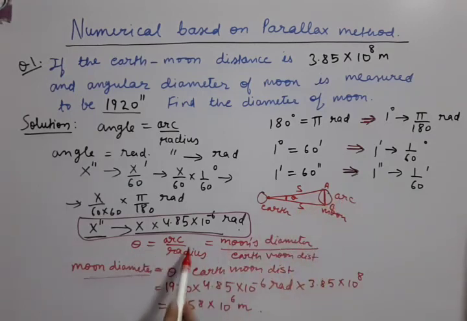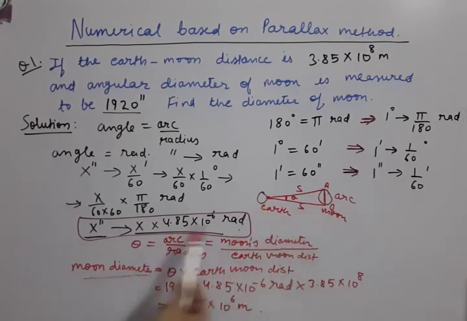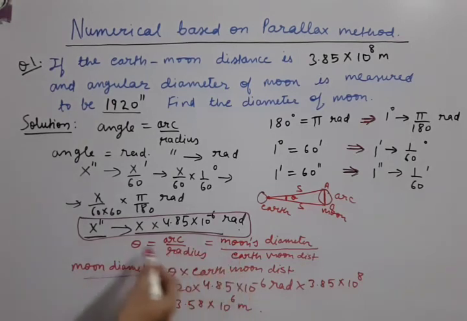So substituting in the theta formula, arc upon radius: arc is the moon's diameter, radius is the Earth moon distance, and whichever of these three terms is missing, maybe theta is missing in one question, so you need the other two given, or maybe you have to find the Earth moon distance, so you should know the moon's diameter and theta. So any one thing will be missing, and you will find that using this formula. Okay, so this is the formula mainly used in the parallax method.